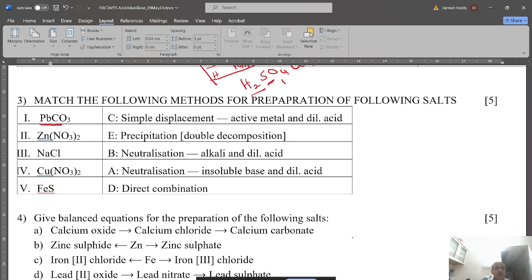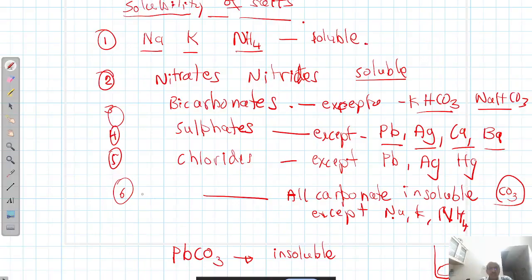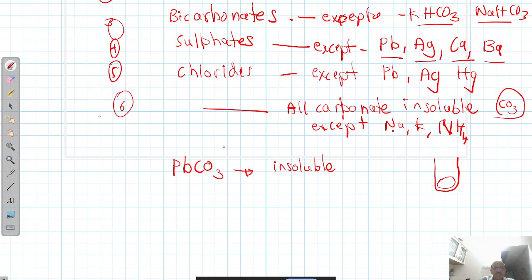So when you want to make PbCO3, normally salts are made by double decomposition, because Pb is in the reactivity series. You remember the reactivity series we had last year? Does anyone remember? In the reactivity series, Pb is above the hydrogen.